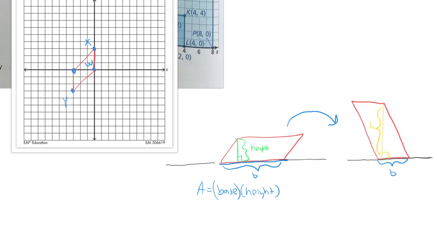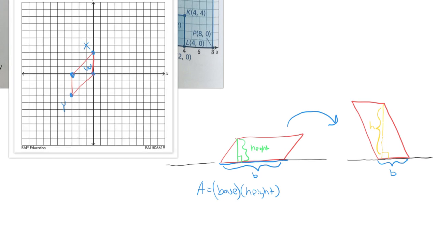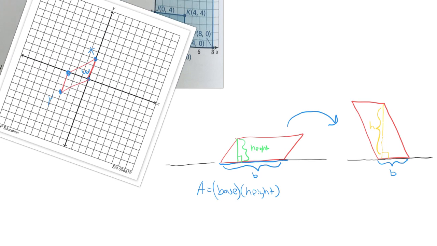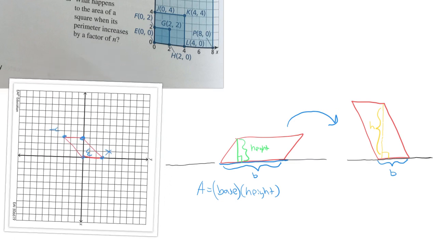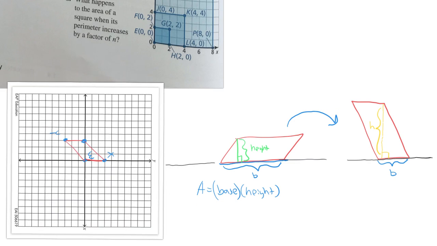Now, the good news is that's exactly what we can do with this one right here. You might be wondering what I'm talking about. Well, imagine we rotated it like that. Then this green part would be the base, and we can count that. That's 3 units. And this yellow part would be the height, and we can count that. That's 3 units.